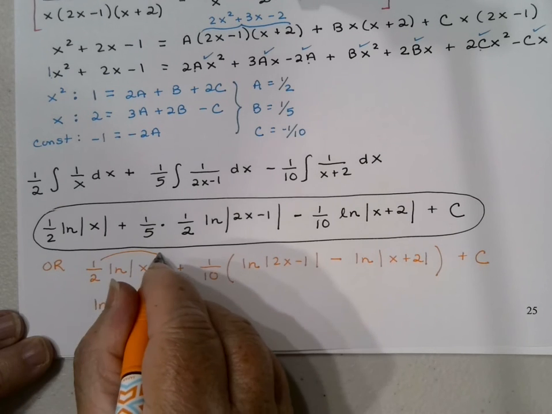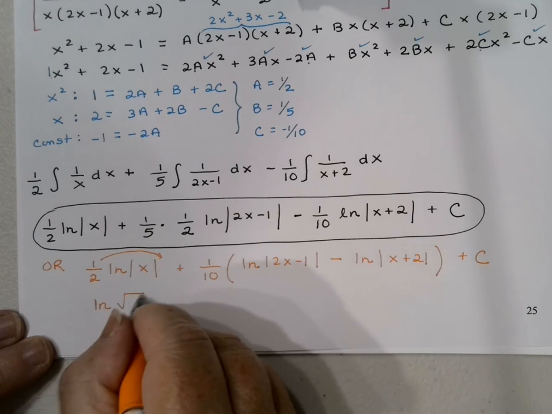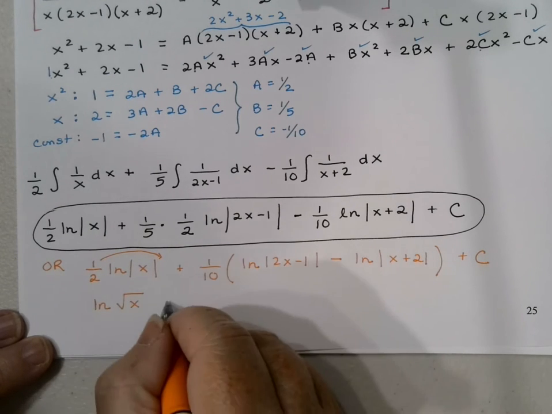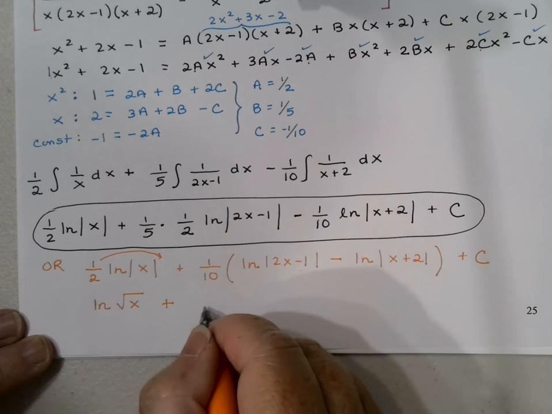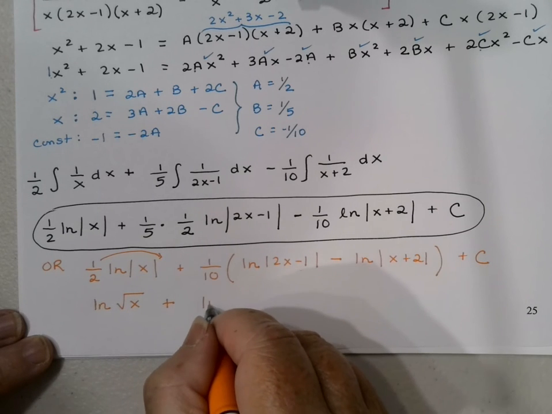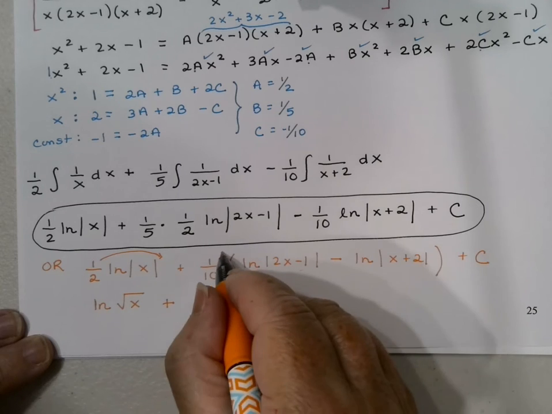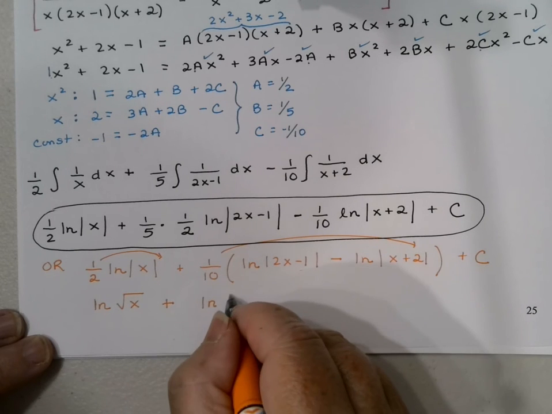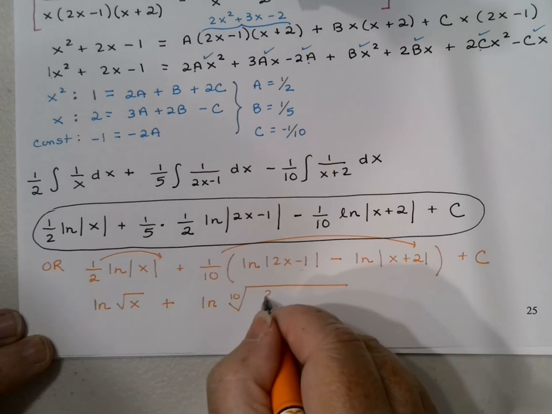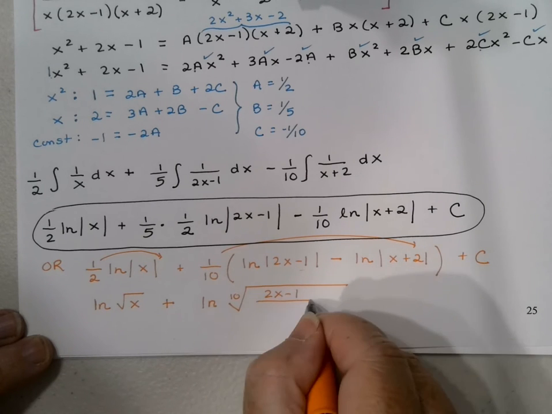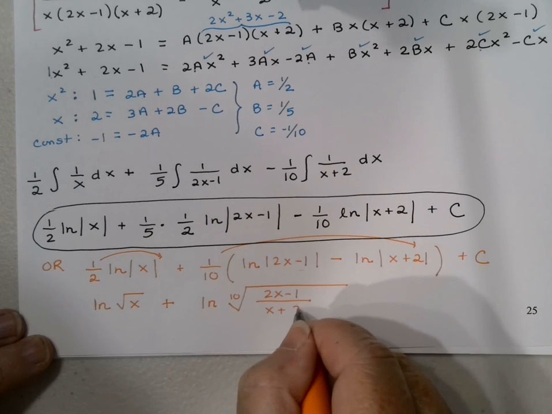See, putting that 1/2 up there, that would be the natural log of square root x plus this, because of the subtraction, would be a quotient rule. So the natural log of, putting the 1/10 up would make that a 10th root. And the quotient would be 2x minus 1 over x plus 2.